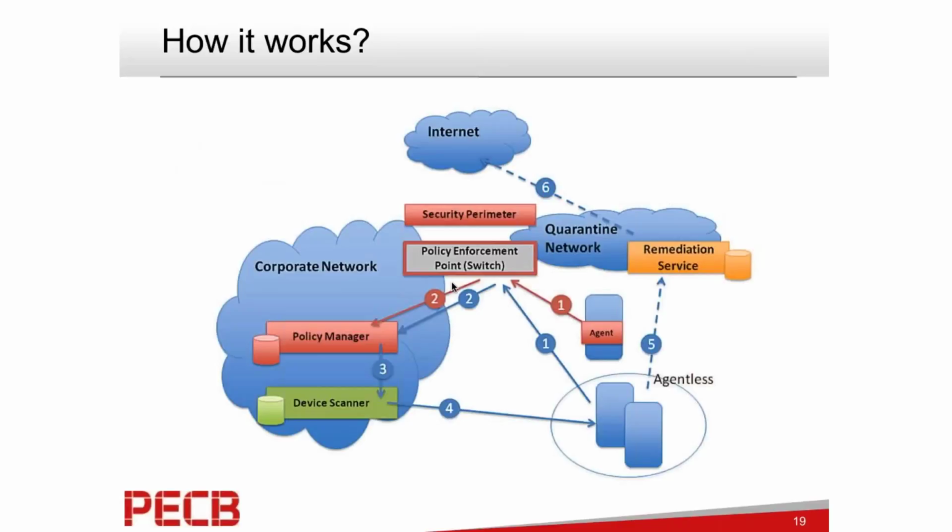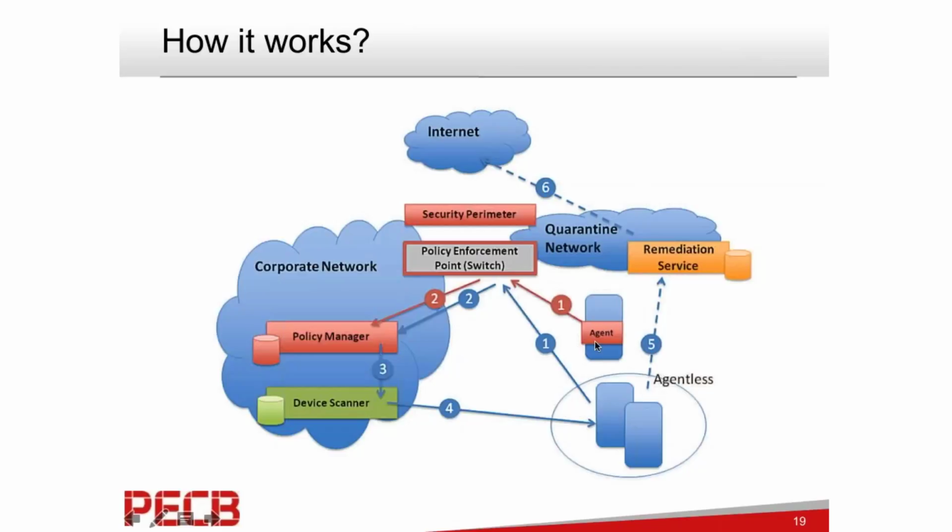So how does that work? Let's look at that diagram and assume we have a device, let's say a smartphone, which is number one, step number one. This smartphone is trying to access your corporate network. Network access control solutions come in two flavors, with an agent installed on all devices or agentless.